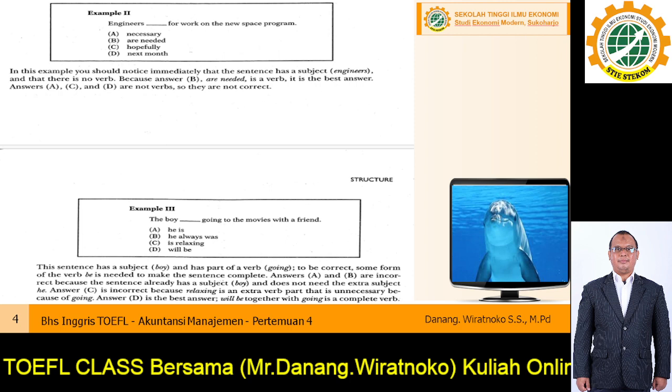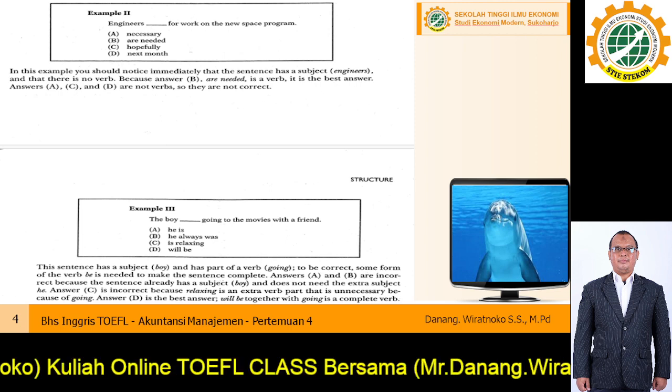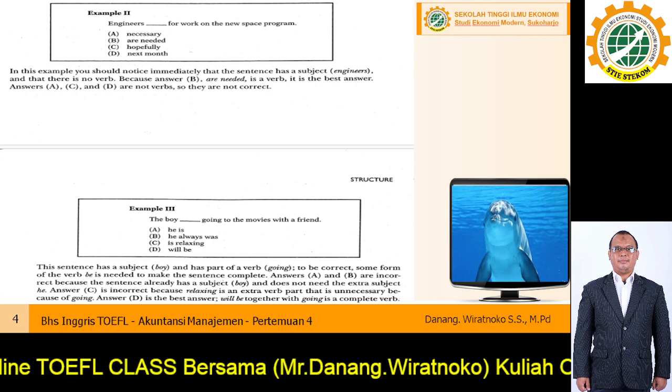Answer A and B are incorrect because the sentence already has a subject, boy, and does not need an extra subject, he. Okay, so the boy is the subject. You don't have to say he is. So the boy, he is, no, the boy, udah the boy aja.